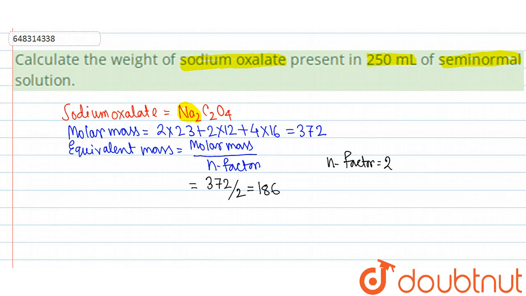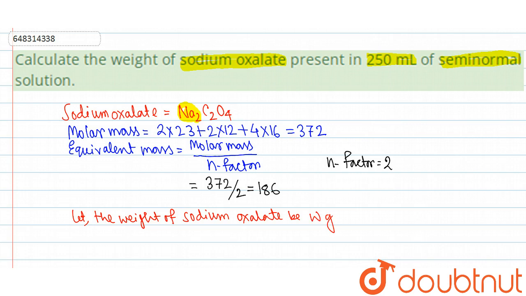Okay, now to calculate the weight of sodium oxalate, let the weight or mass of sodium oxalate be W gram.